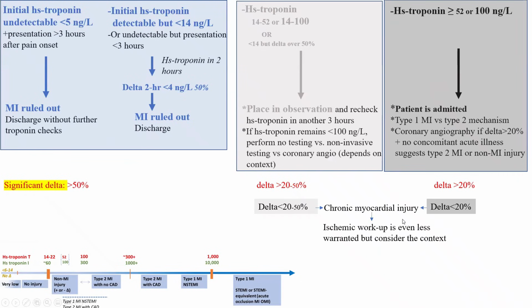Overwhelmingly and most often you do not need to do ischemic workup, but again, take into account the EKG and the context. That delta applies to all troponin assays, whether high sensitivity troponin T, high sensitivity troponin I, or the conventional troponin for hospitals that still use the conventional troponin.